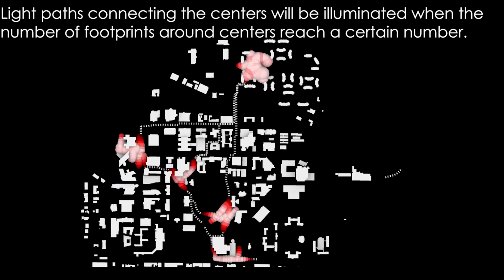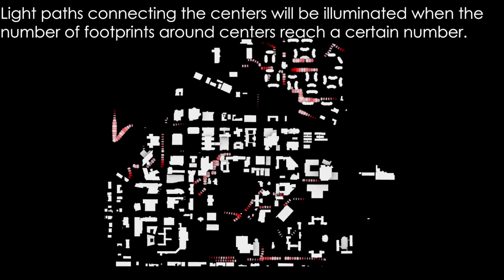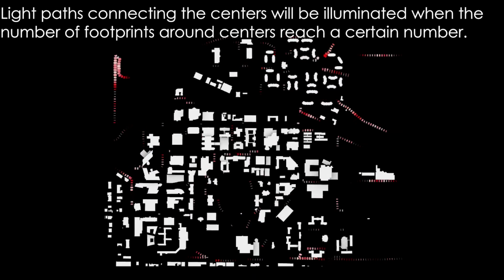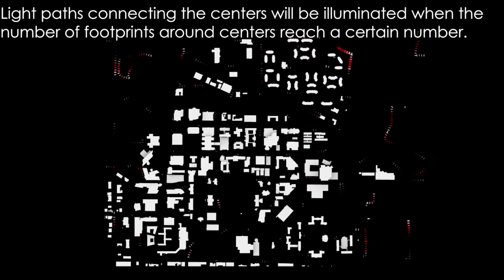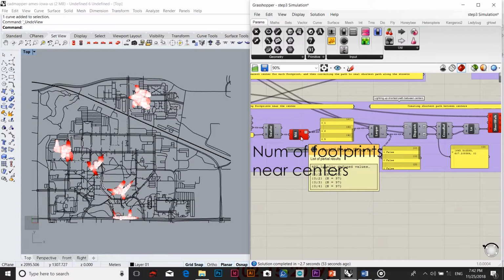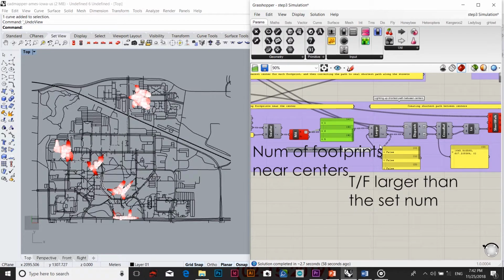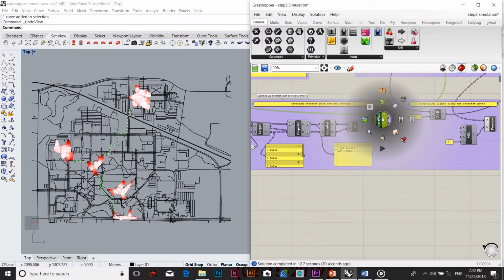So it's of significance to show the major paths between them, as they can be important corridors for celebration or escape at special occasions. I made this by firstly calculating the number of footprints in a radius of the center. And when the number is larger than a set number, a connecting path will be generated.